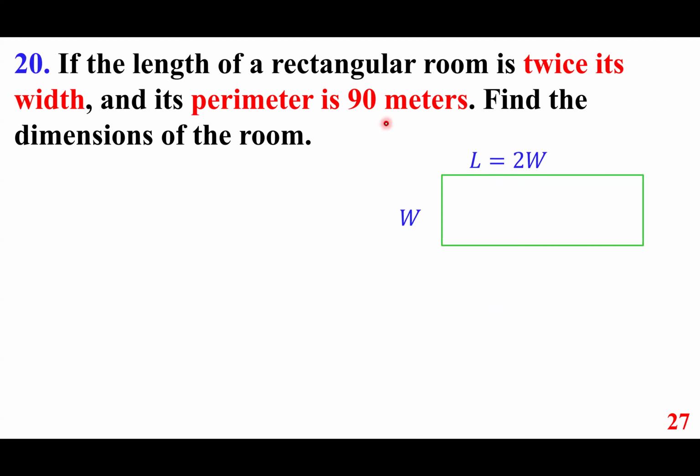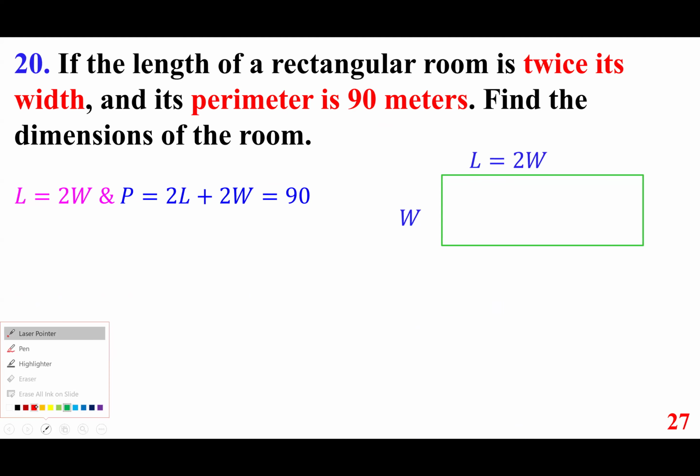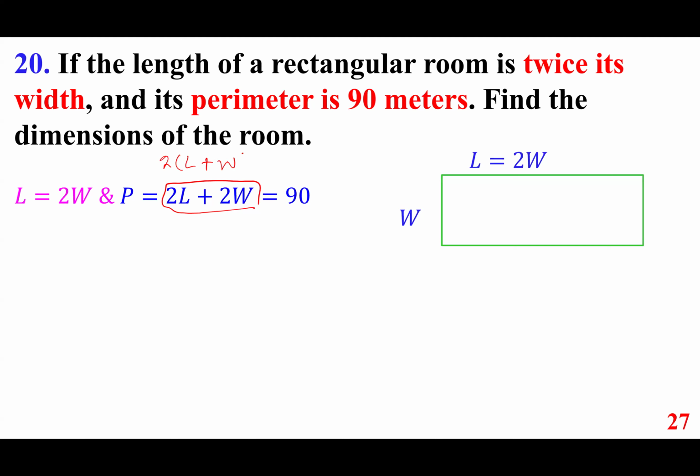The perimeter, as you know, has the formula 2L plus 2W. So L is 2 times the width, perimeter is 2L plus 2W, and it's given as 90. And another way of writing it, by the way, the perimeter is 2 times L plus W, either way.